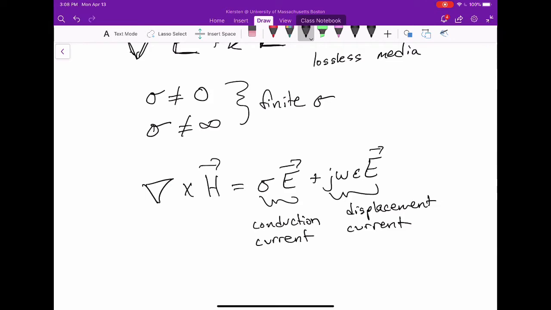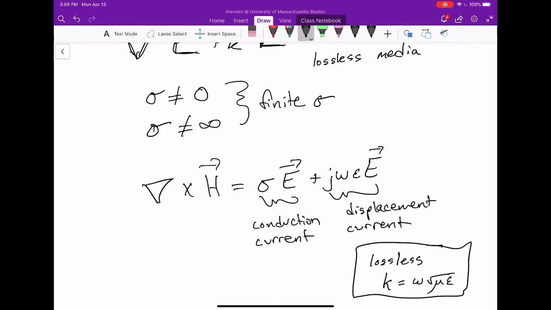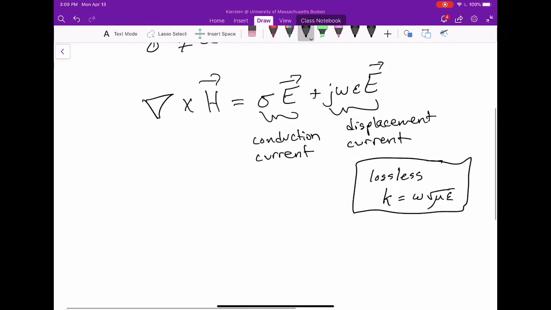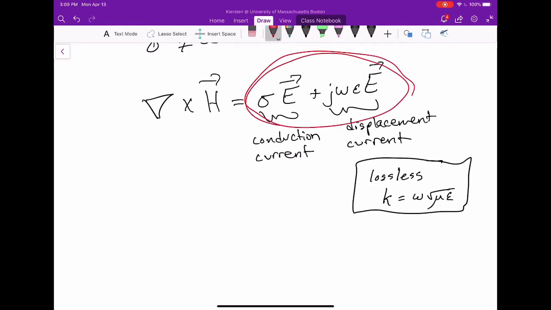If you remember in the wave equation that we wrote for lossless media, k is omega times the square root of mu times epsilon. The easy way for us to work this out is to write a new wave equation where we replace sigma plus j omega epsilon here on E with a new complex value for epsilon.